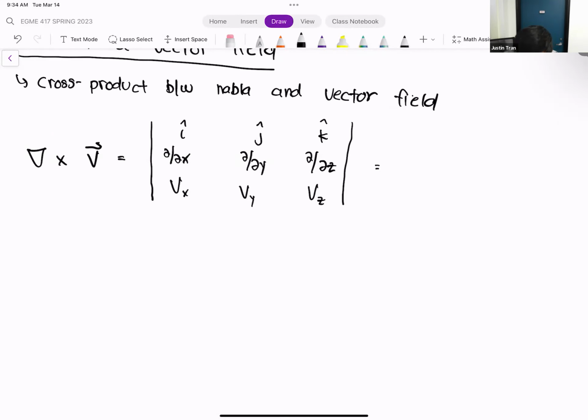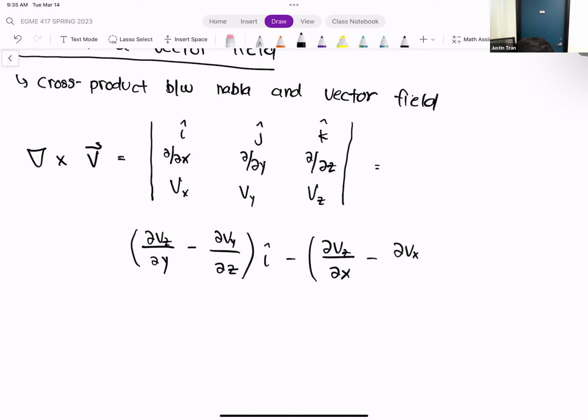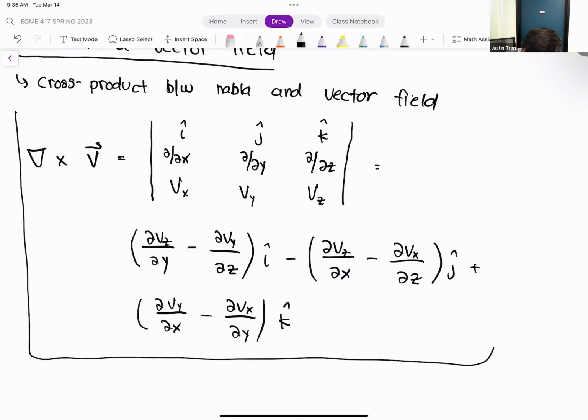Okay, so let's take the determinant of this matrix. If we do so, we get partial Vz over partial y minus partial Vy over partial z, i hat, minus partial Vz over partial x minus partial Vx over partial z, j hat, plus partial Vy over partial x minus partial Vx over partial y, k hat.